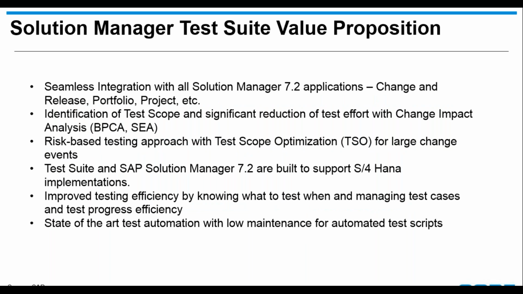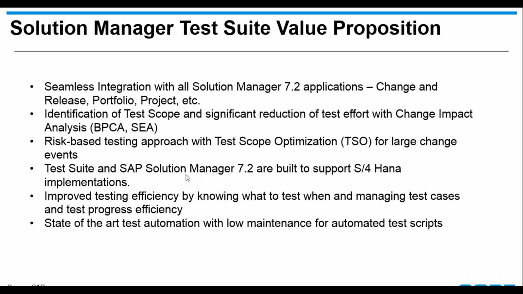So overall, that was the value proposition for change impact analysis for test suite. Again, it's a whole different product than it was in 7.1 test suite, but includes more integration with change and release and portfolio and project management, change and impact analysis with BPCA and C. Those are improvements being made, and a lot of the changes that may be requested for those are easier to do with the new architecture, risk-based testing.